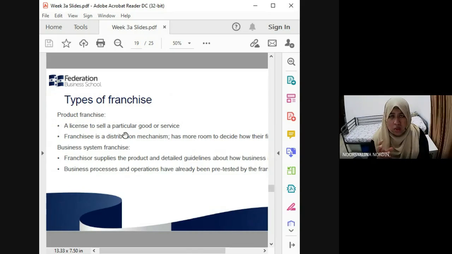So Coca-Cola in Malaysia, if you can see, has the halal logo because this bottling is a product franchise. Compared to a business system franchise, it's like McDonald's, whereby you can see from the drive-through, the layout of the franchise restaurant, and the menu is 100% following the franchisor.